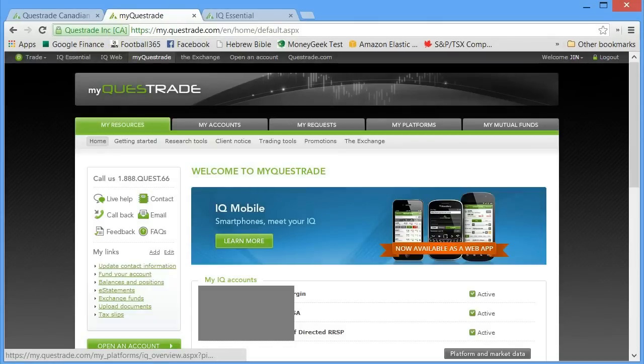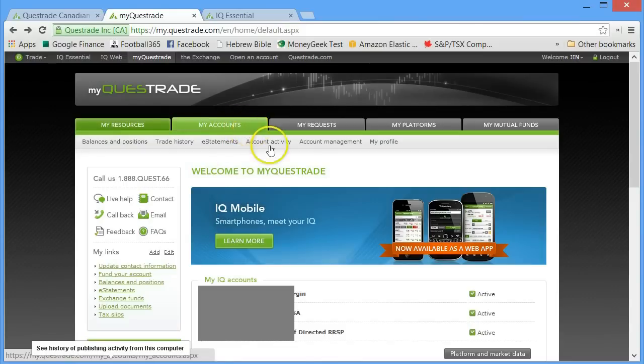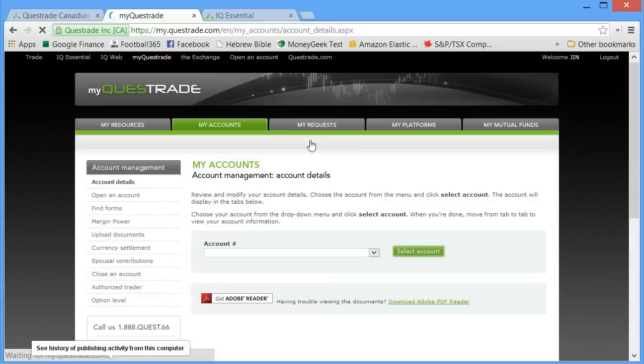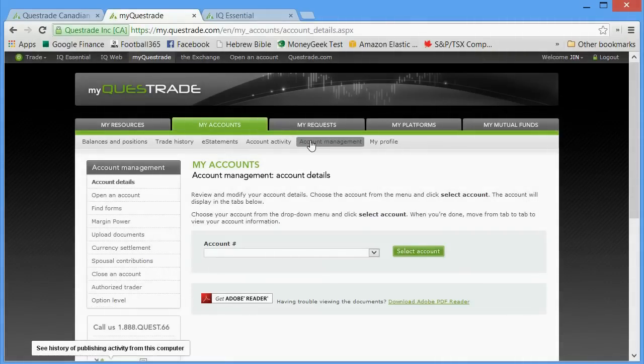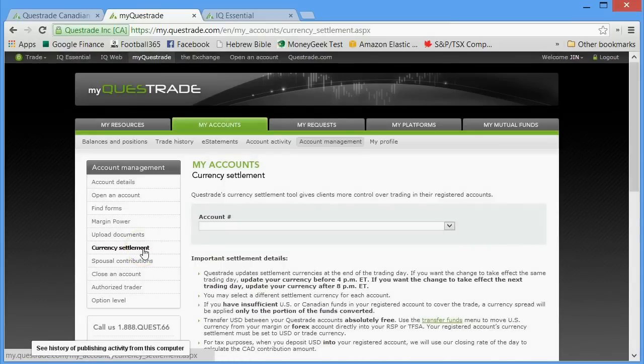So the first thing you should do is make sure that your trades are settled in the quote-unquote trade currency. So to check this, you should go to My Accounts, Account Management, and then go to Currency Settlement. And then you should click on the account in which you bought your DLR.TO shares.